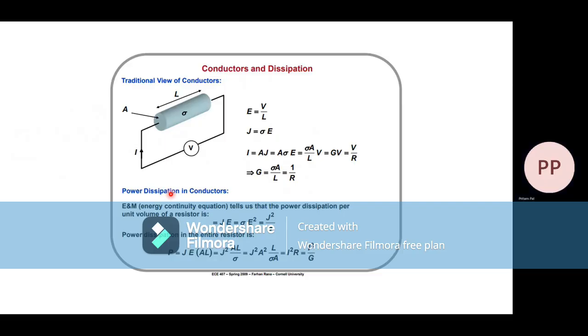From EM theory, we know the power dissipation per unit volume of a resistor is JE, which is proportional to E square if we substitute. So that is J square over sigma. The power dissipation in the entire resistor is equal to I square over G.